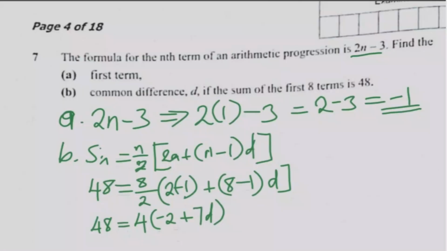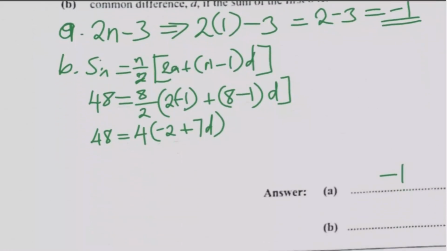Okay, now once I have done that, what I need to do is just expand these. So I'm going to have 48 is equal to 4 times negative 2 will give me negative 8, then plus 4 times 7 will give me 28d.